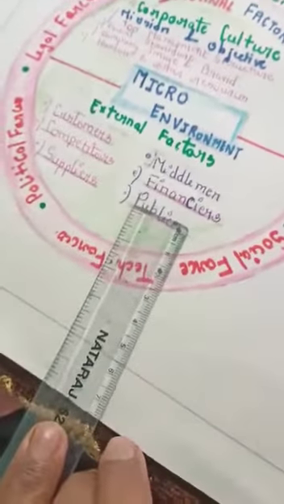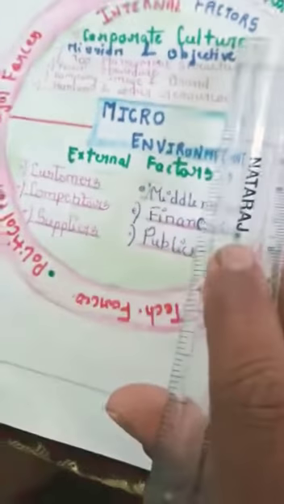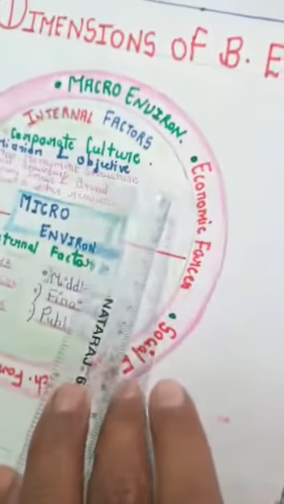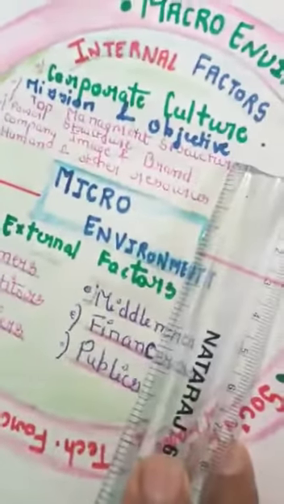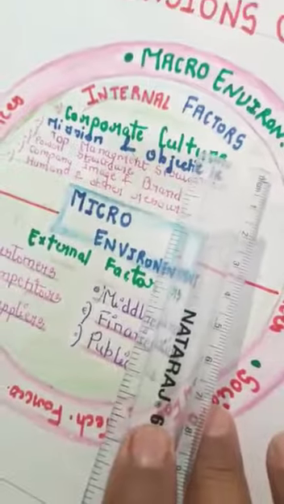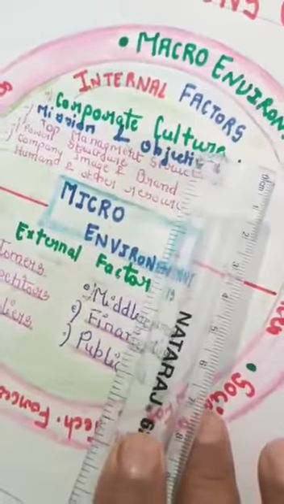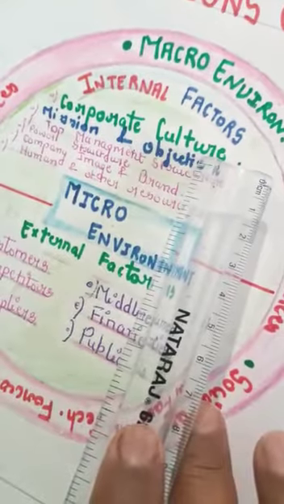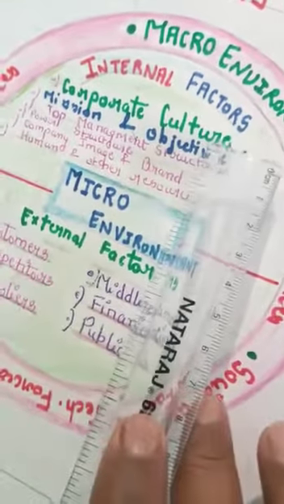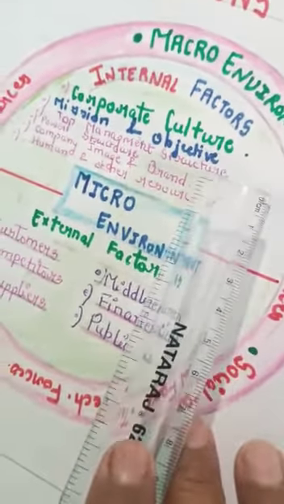Internal factors, corporate culture. Corporate culture means what is the culture of the organization, what the top management people think, what is their strategy, what is their ethics, how do they think, whether their plan is long term or short term, do they give emphasis on honesty, do they consider their employees as assets.